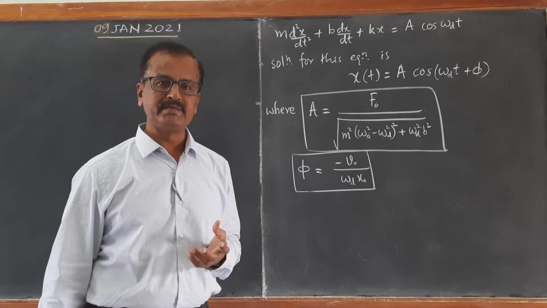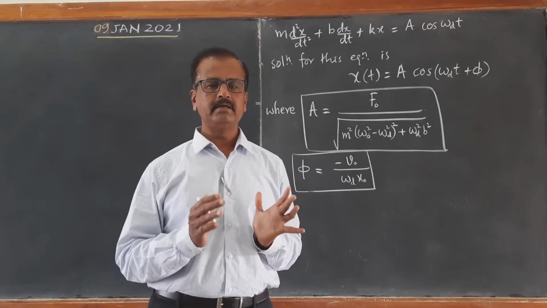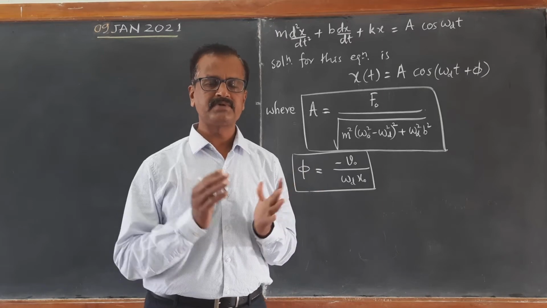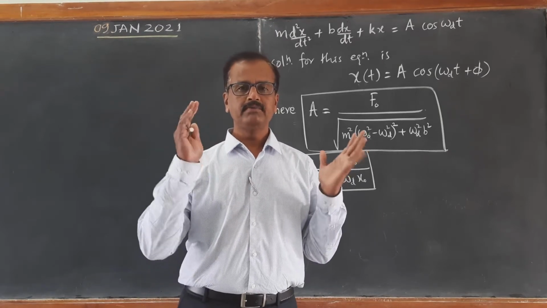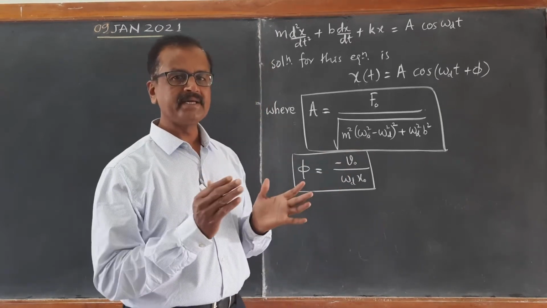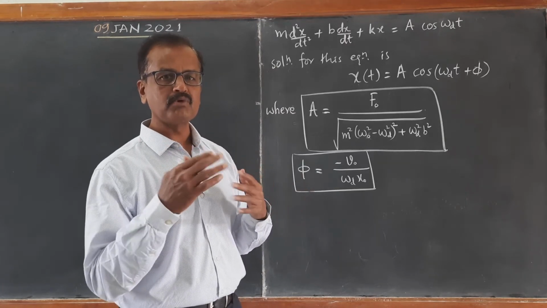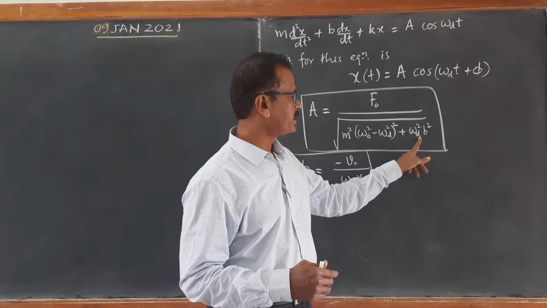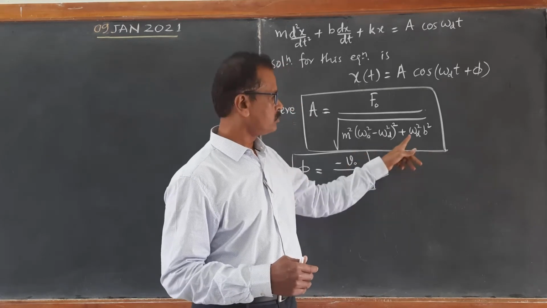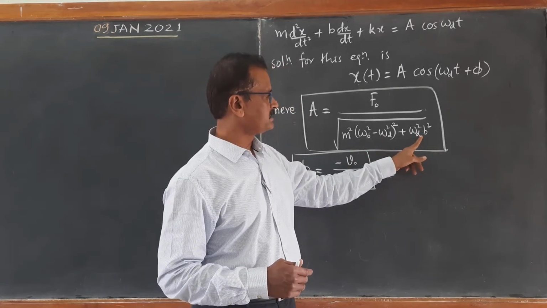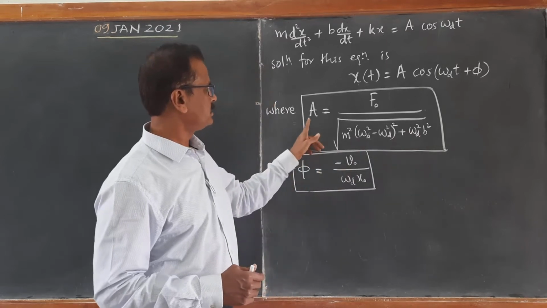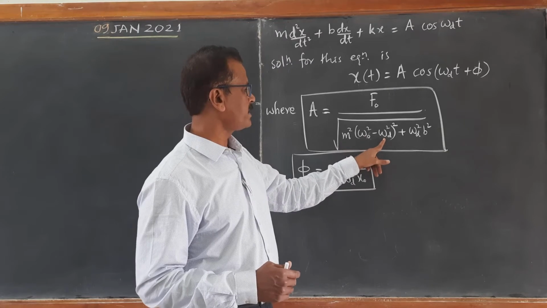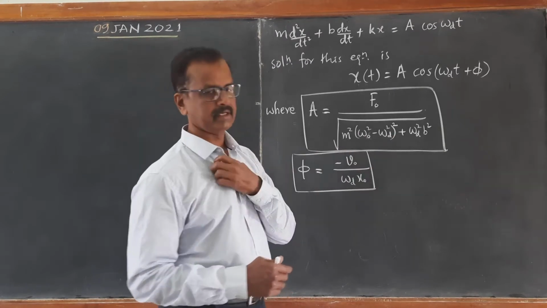If damping due to dissipative forces such as frictional force or viscous force is minimum, if it is almost negligible, then we can neglect this term omega d square b square. So if we neglect this second term, then we are left with amplitude A equal to F naught divided by the square root of m square (omega naught square minus omega d square) whole square.